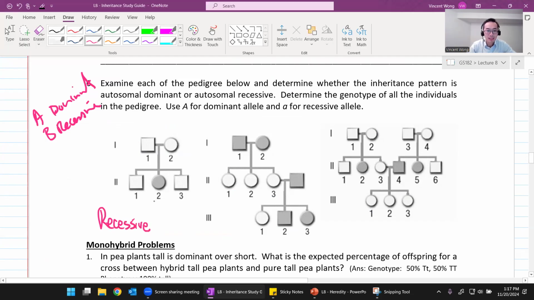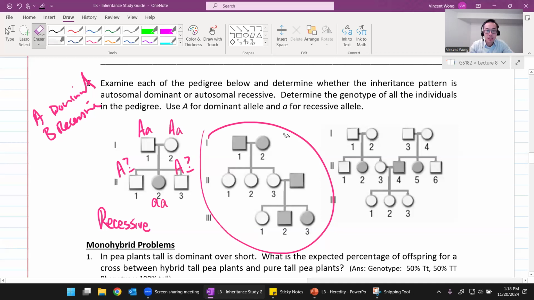So this is little a, little a. How come she has the trait when the parents don't have it? The only explanation is if they are hybrid. We cannot say with certainty what the siblings are, but we know they have to have at least one capital A because they don't have the trait.